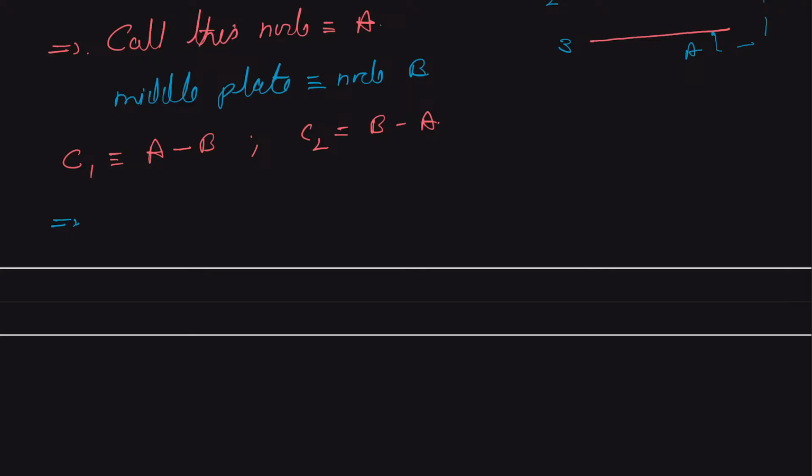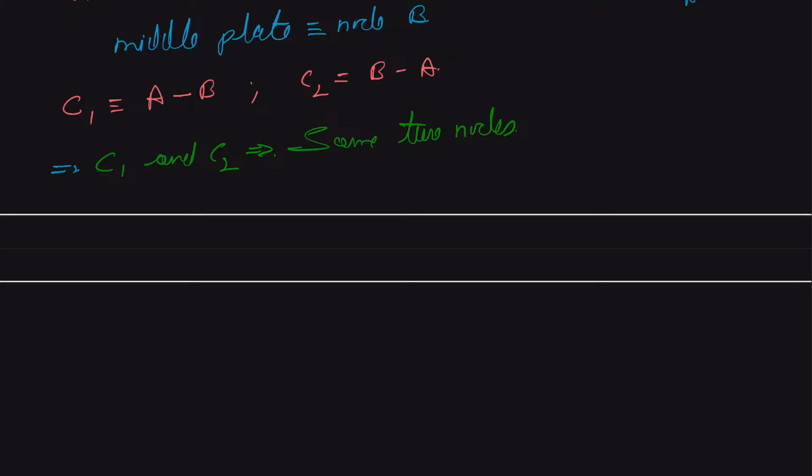So we can say our C1 and C2 are between the same two nodes.